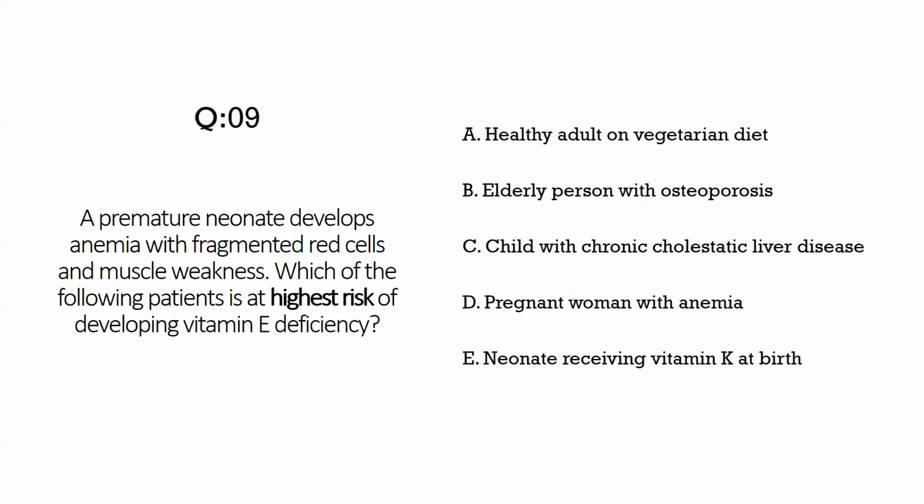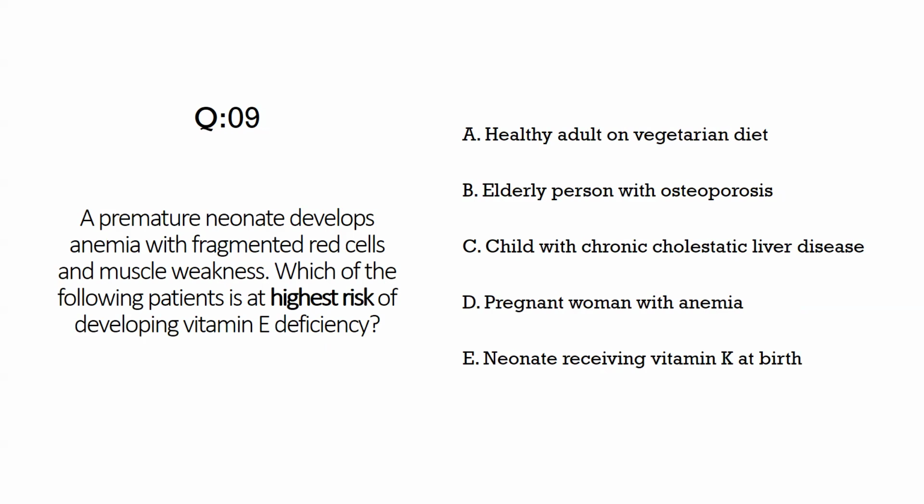Question number 9: a premature neonate develops anemia with fragmented red cells and muscle weakness. Which of the following patients is at highest risk of developing vitamin E deficiency? Option A, healthy adult on vegetarian diet. Option B, elderly person with osteoporosis. Option C, child with chronic cholestatic liver disease.